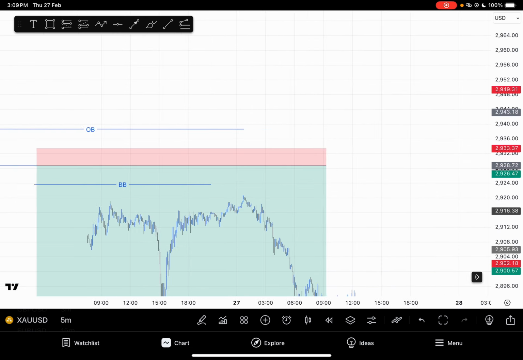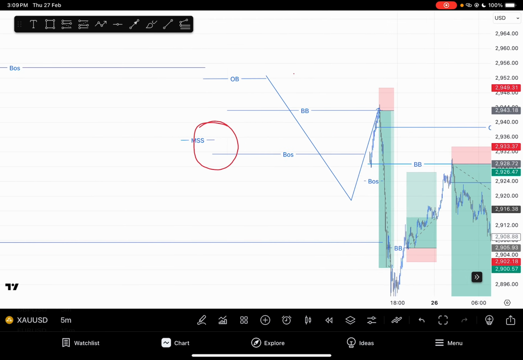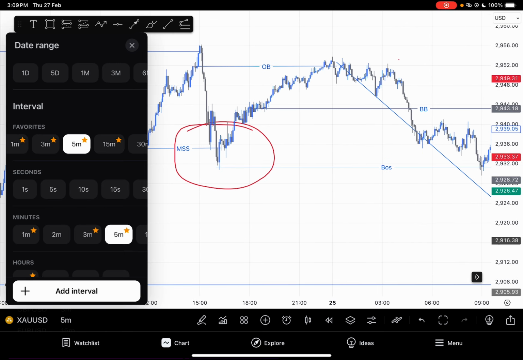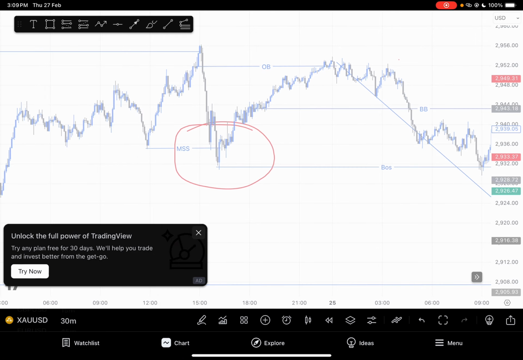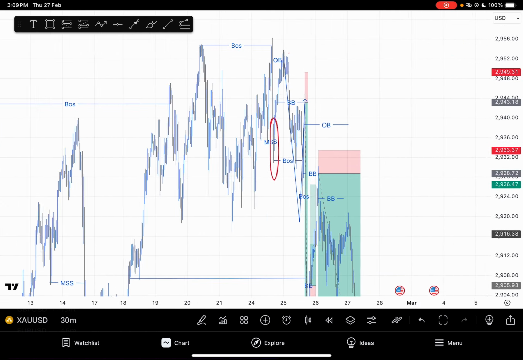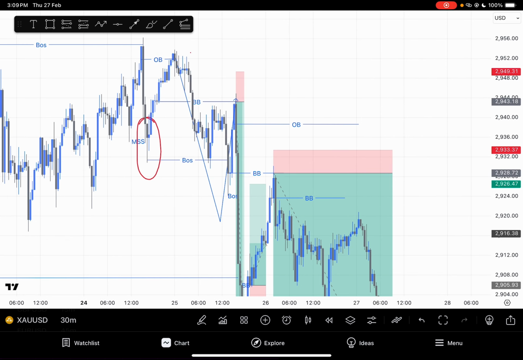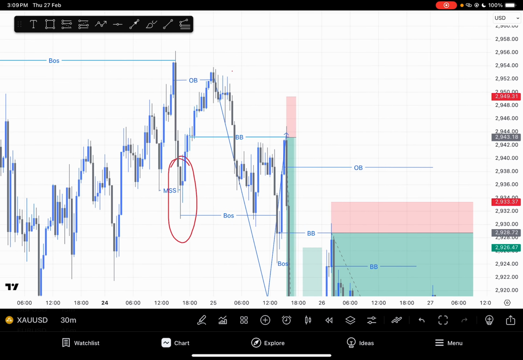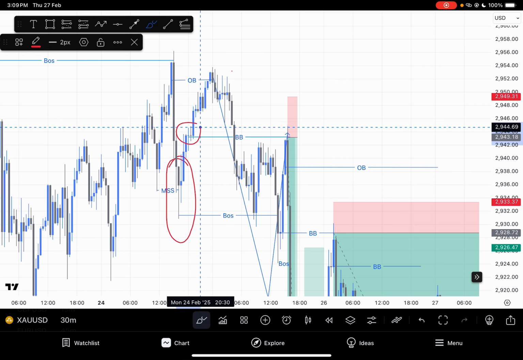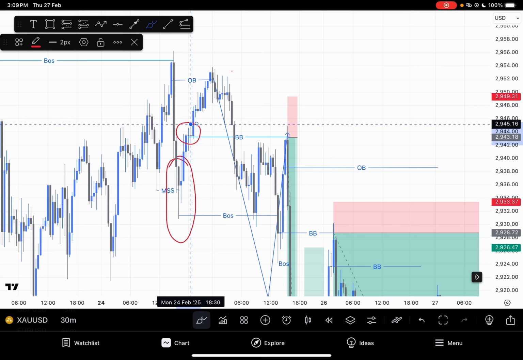Check 5 minutes. See, there's no visible order block, so I started going higher. On the 30-minute time frame, you always use multiple time frames after a break of structure so you can spot the order block. Now you can clearly see the order block at this point on the 30-minute time frame.